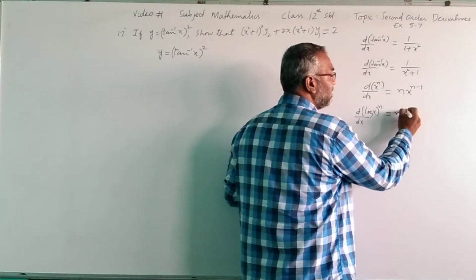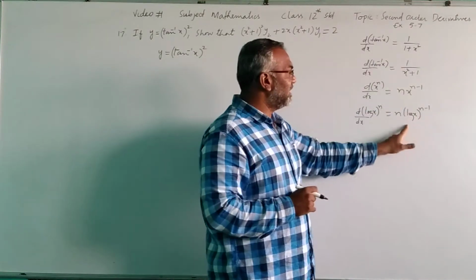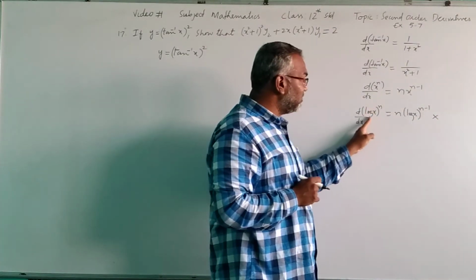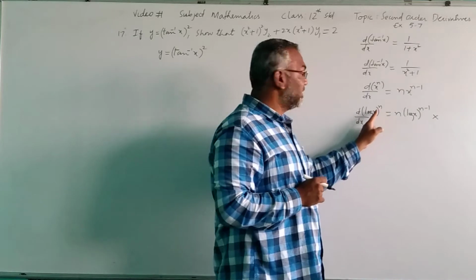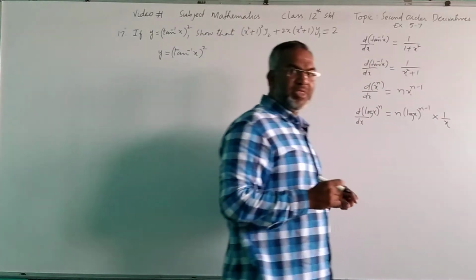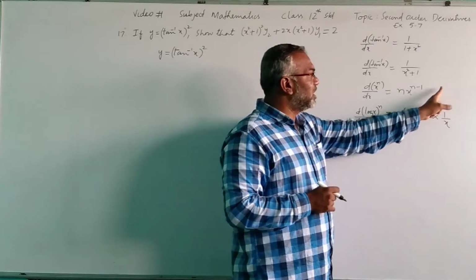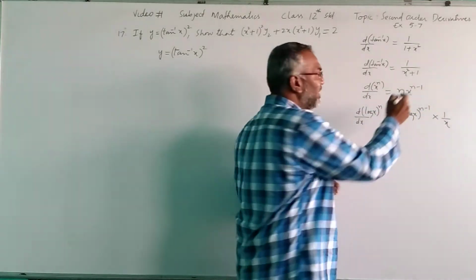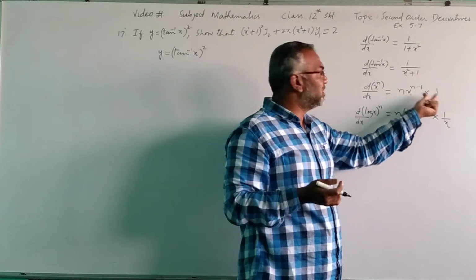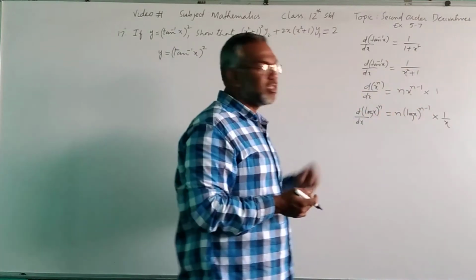So it will be n (log x) to the power n minus 1, multiplied by the derivative of log x also. Log x will be 1 by x. This is the complete differentiation. Now you may be thinking why we did not do it here, because the derivative of x will be 1. If I multiply by 1, it makes no difference. n into x raised to n minus 1 into 1 will be again n x raised to n minus 1 only. This is how we do, right?